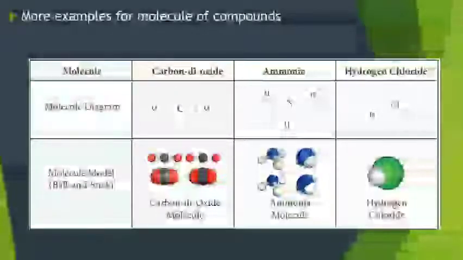When we see ammonia, nitrogen is one kind of atom and hydrogen is another. Here, one nitrogen atom and three hydrogen atoms are chemically combined to form ammonia, which is a compound. Hydrochloric acid is nothing but hydrogen chloride, which consists of hydrogen and chlorine. Both are different atoms, and they chemically combine to form a compound called hydrogen chloride.